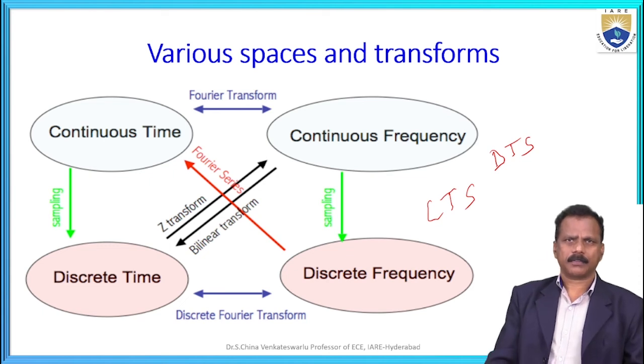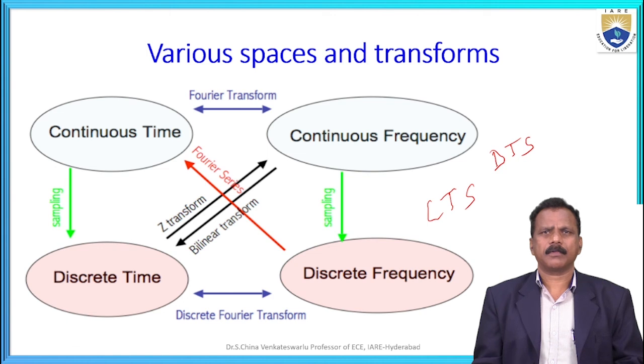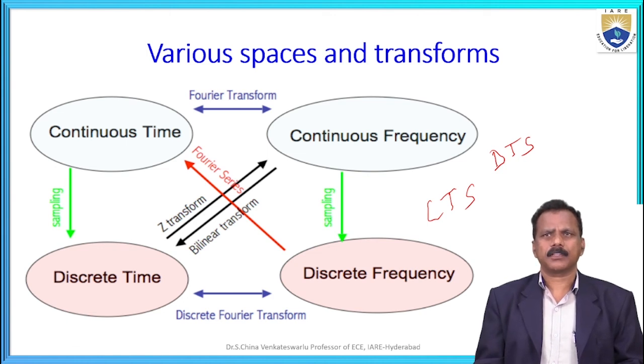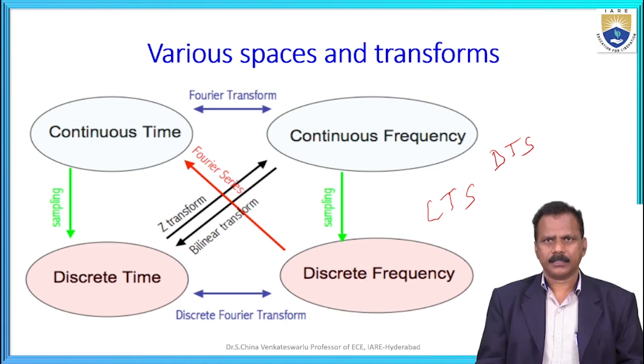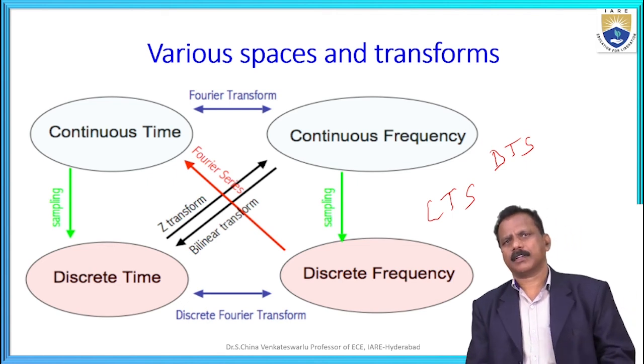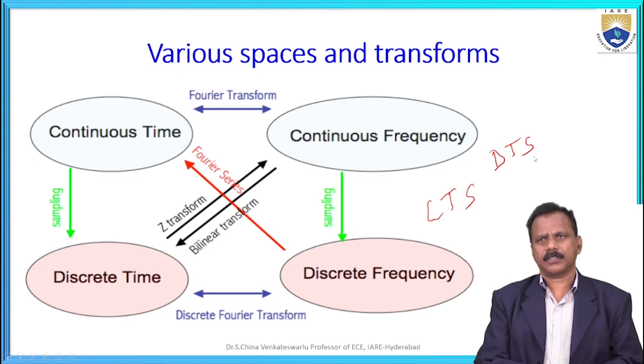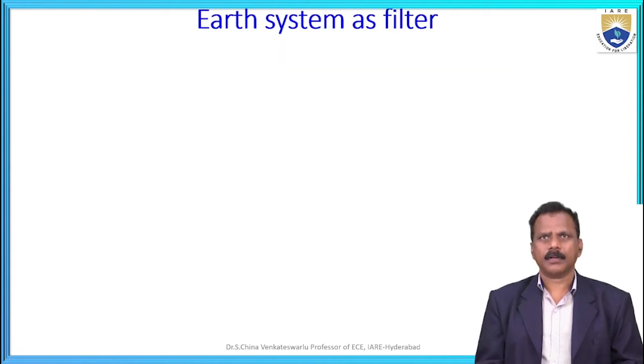Sometimes we go from the time domain to the frequency domain and back to the time domain; however they are manipulating the signals, we require various spaces and transforms. In this case, this is the heart of our Fourier transform as well as DFT, the discrete Fourier transform, to distinguish continuous time to discrete time, continuous time to frequency, continuous frequency to discrete frequency, and so on.